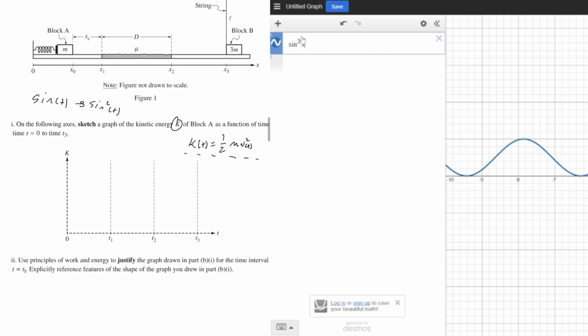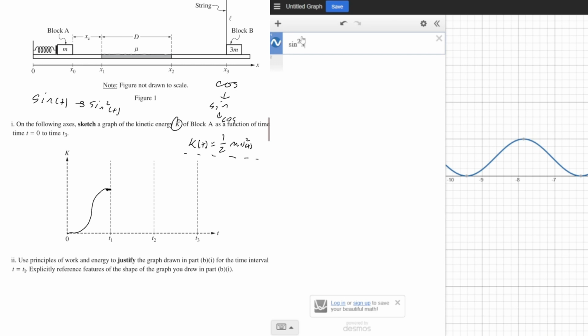It looks kind of like this. This is where the max kinetic energy is reached, and that makes sense. All you need to realize is simple harmonic motion. What are my simple harmonic motion equations? It goes cos, sine, back to cos for acceleration. So this is the kinetic energy I have.